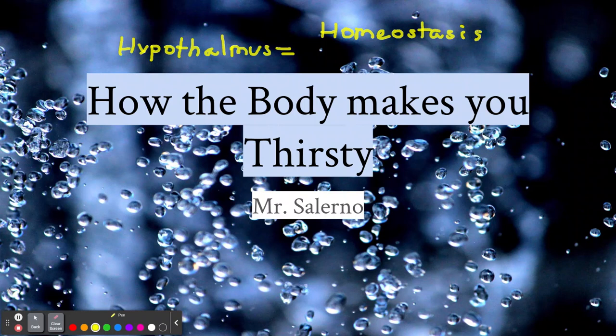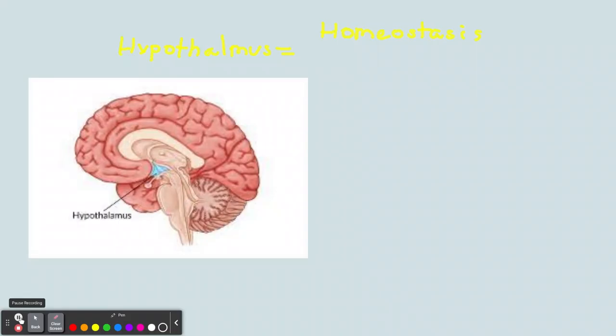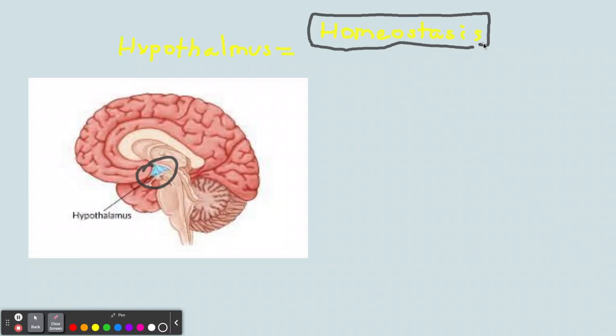So in the hypothalamus, there are cells called osmoreceptors. So let's look first. And there's the hypothalamus right here in the brain. And again, like I said, it's regulating homeostasis, and we'll talk about the cells, the osmoreceptors.